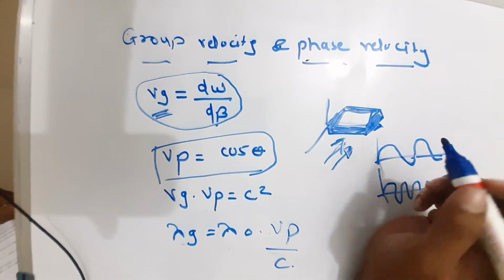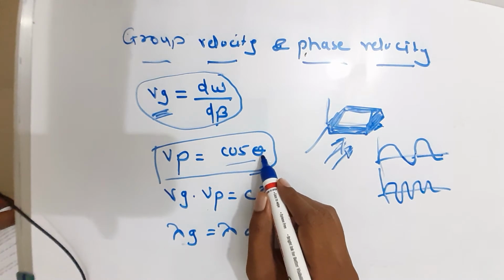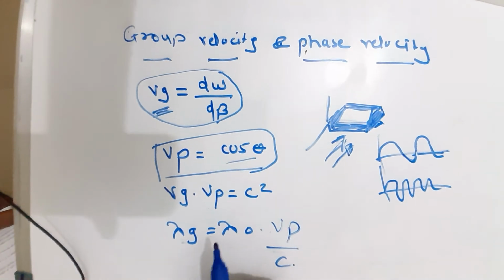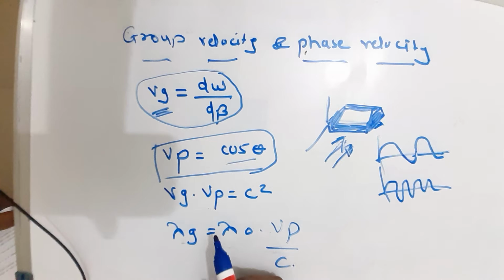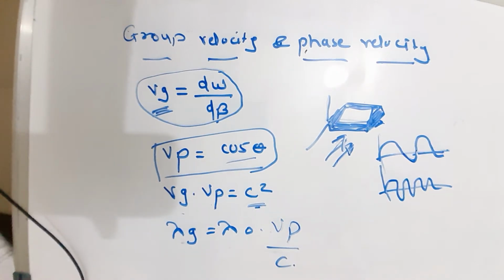So phase velocity is given by Vp equal to c divided by cos theta, where theta is the phase angle. Now the relation of group velocity and phase velocity: Vg into Vp equals c square, where c is the velocity in free space.